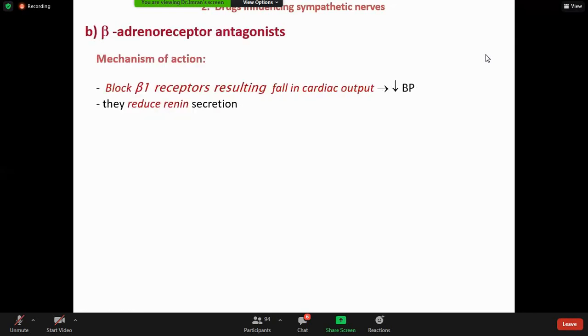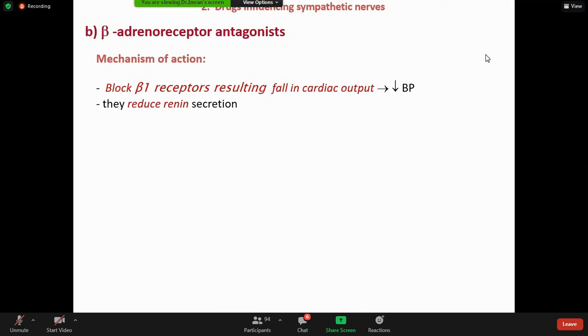Now, the beta adrenoceptor antagonists. When we talk about the cardiovascular system and blood pressure, there is involvement of the heart as well as involvement of the vessels. We have discussed the drugs that can control the vessel activity.